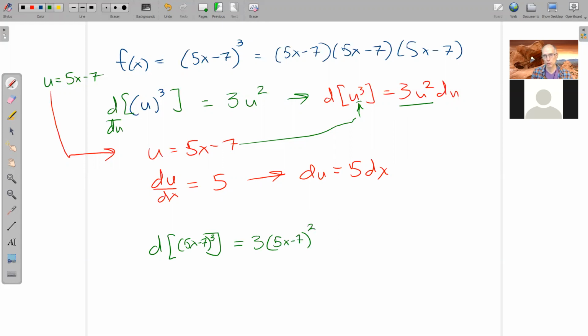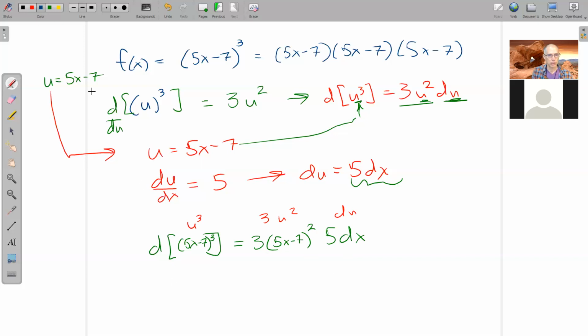So all I'm doing is putting the u back in here, and then du is really that, 5 dx. Okay, so again, this is my u cubed here, this is my 3u squared there, and that's my du right there. And so now I have a derivative.